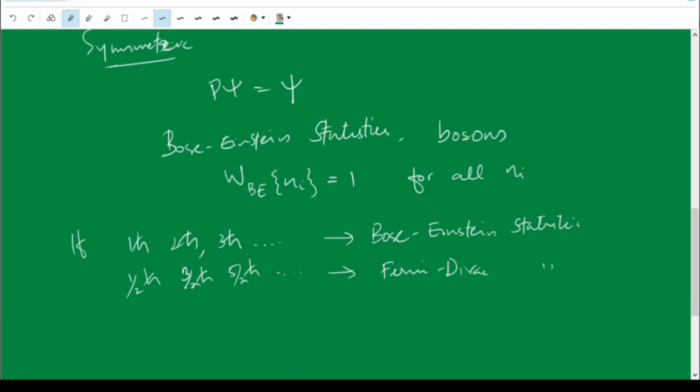So there is an intimate connection between the statistics of a particle and the spin of the particle. If the particle has integral spin, then it obeys Bose Einstein statistics, and if odd half integral, such as 3 by 2 h cross, 5 by 2 h cross, 7 by 2 h cross, etc., such particles obey Fermi-Dirac statistics.